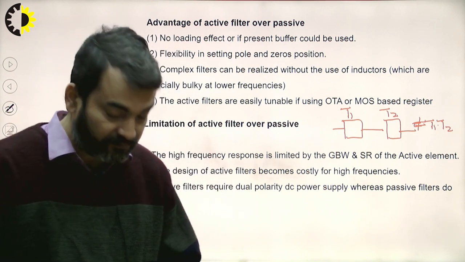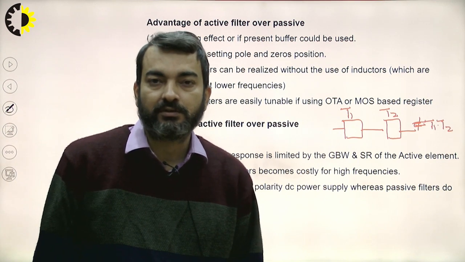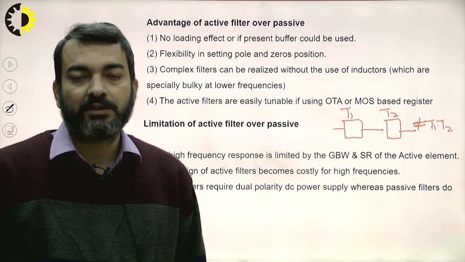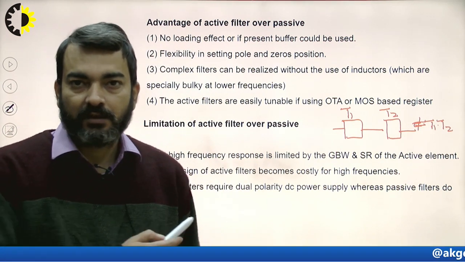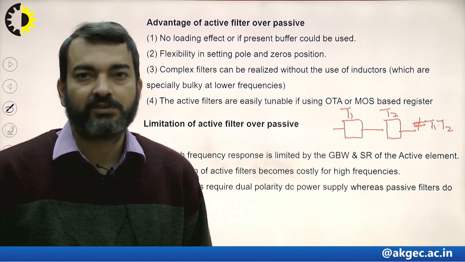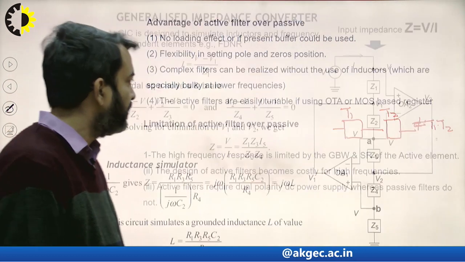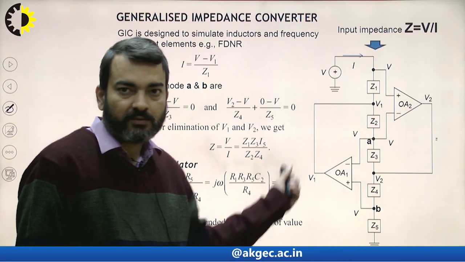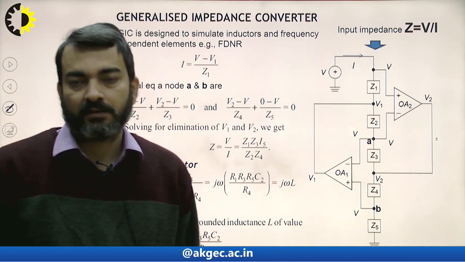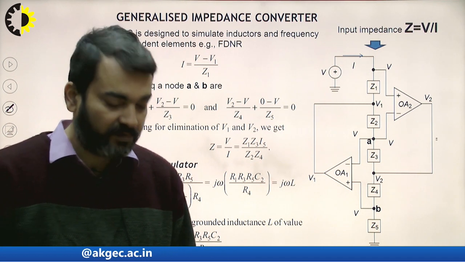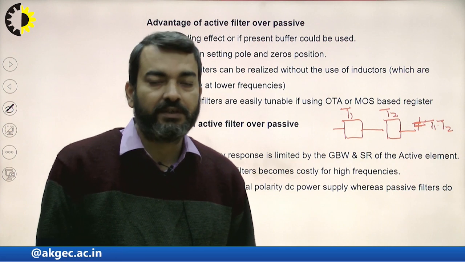This is one of the reasons why we do not use inductors in active circuits. We will use synthetic inductors, such as we have seen in case of GIC, a two op-amp structure which we covered in the last class. By using this type of circuit, we will realize the artificial inductor and then use it if we need an inductor.